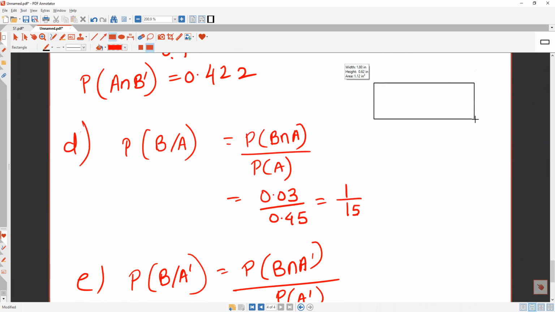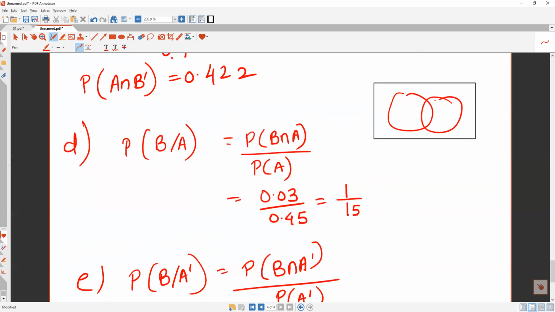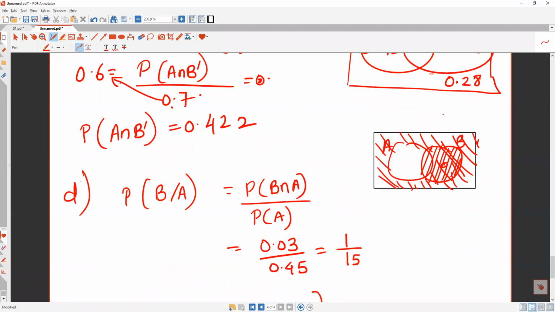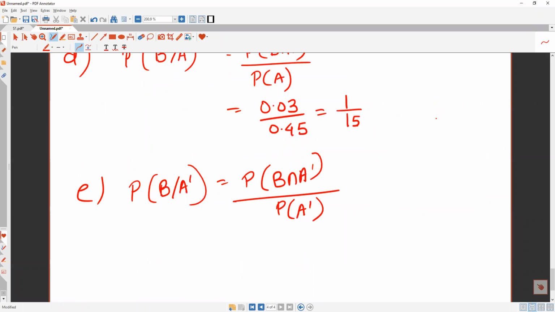So let me draw a rough sketch of small this thing, A and B. So I will say B intersection A complement. This is A and this is B. B intersection A complement, first B, then intersection A complement, everything except A. B intersection A complement is this part. How much is it? 0.27.